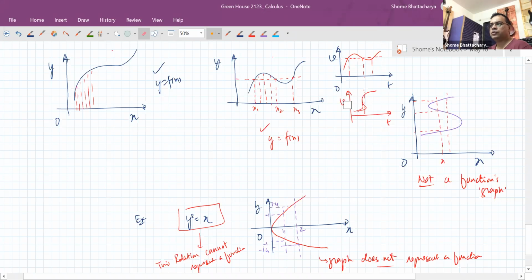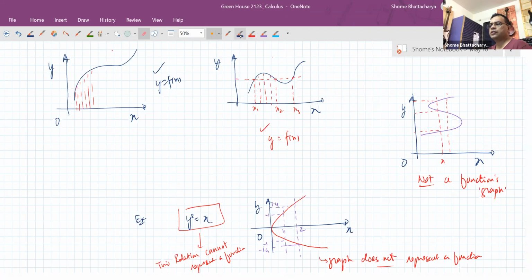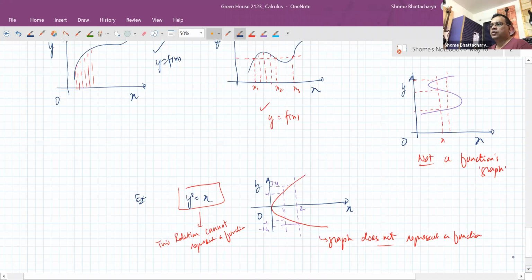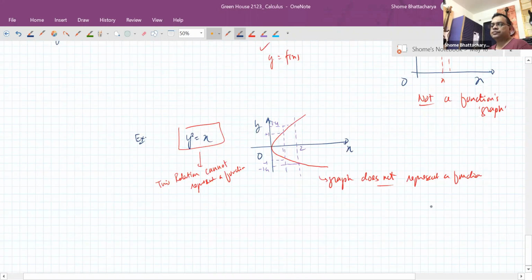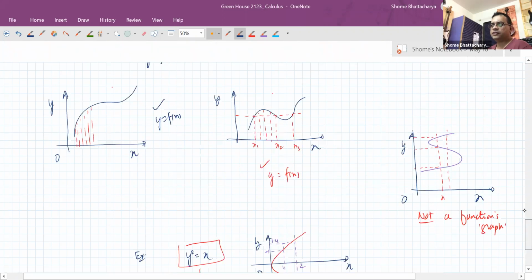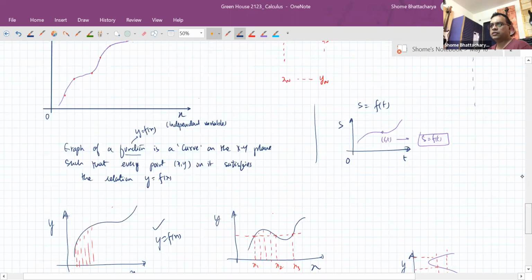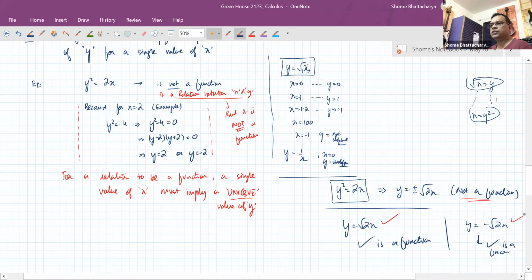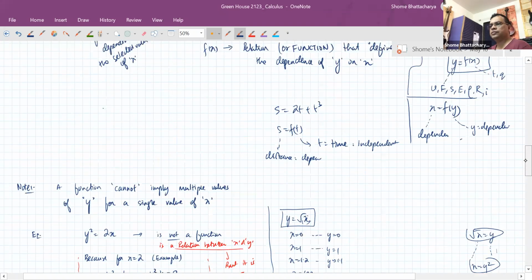So now you understood the difference between the second graph and the third graph. Any other question? Student: So then we have a rule that for a specific value of x, you cannot have multiple values of y. Exactly. That rule is what I've shown you over here.